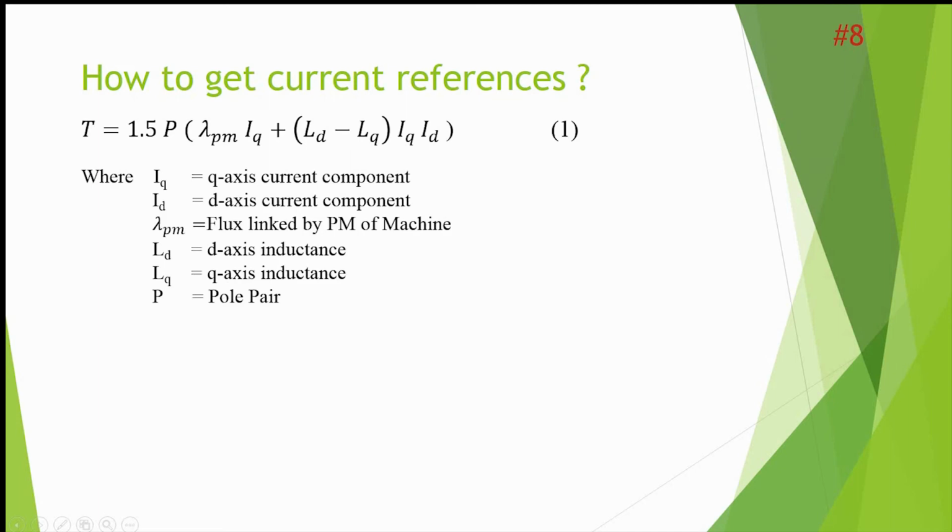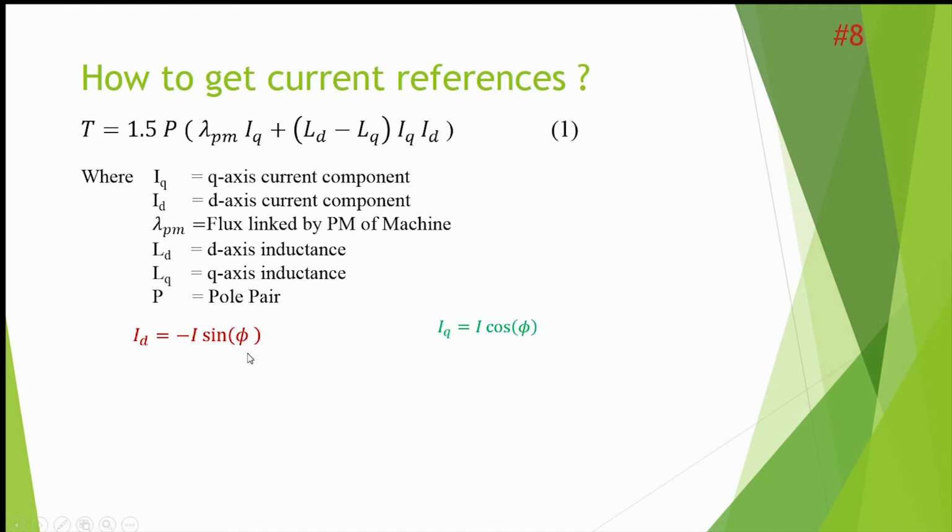Here we have the torque equation, where IQ is the Q axis current component, ID is the D axis current component, and lambda PM is the flux linked by the permanent magnet. LD and LQ are the D axis and Q axis inductances, and P is the pole pair.